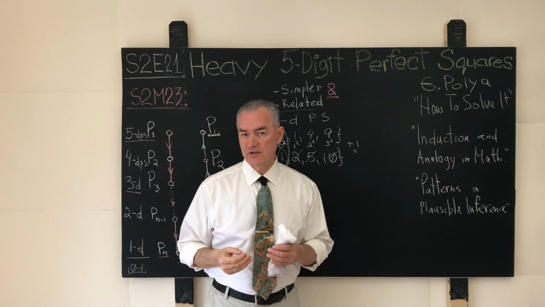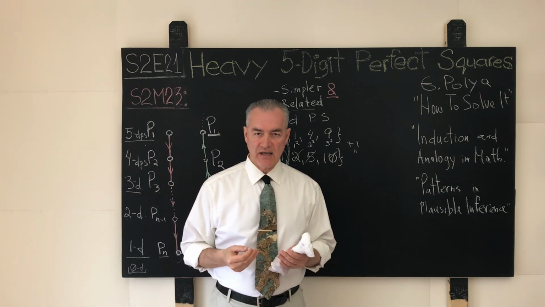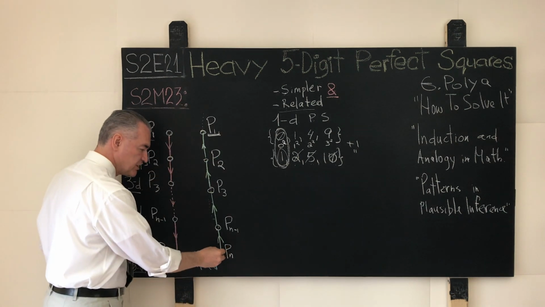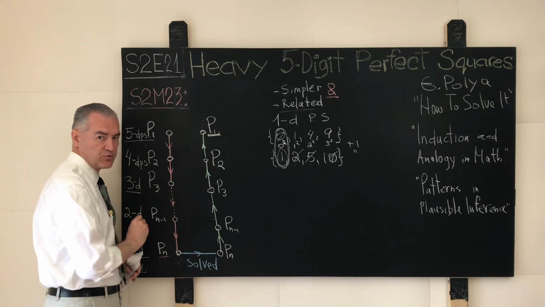Yes, we did. But the question is, did we gain any useful insight that we can take and carry with us into the solution of the next slightly more difficult two-digit perfect square problem?